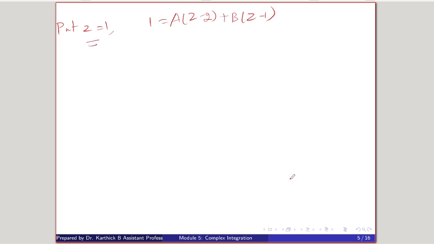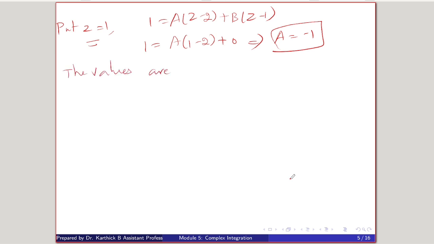Substituting z equal to 1, I get a into 1 minus 2 plus 0, so I get a equal to minus 1. Therefore, the values are a equal to minus 1 and b equal to 1.